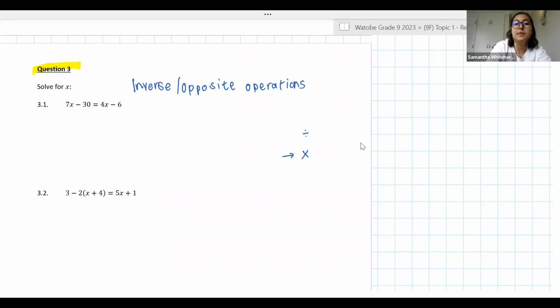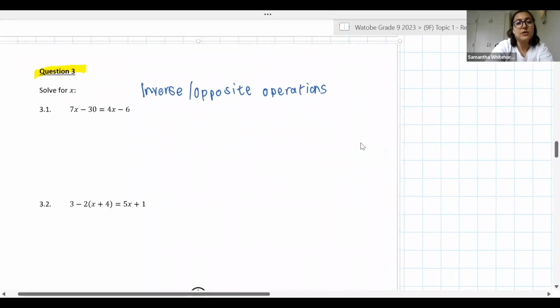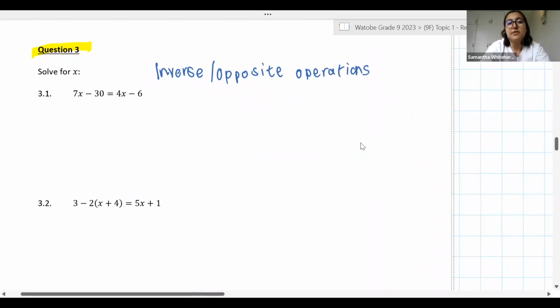Now, this will always depend on what the equation is. So if we have a look at 3.1 here, we've got 7x minus 30 equals 4x minus 6. Now, there are lots of different ways that you can solve equations. There are also certain steps that I will show you here that you won't necessarily show.